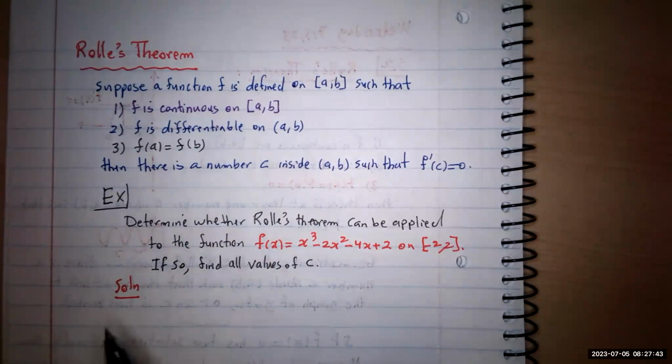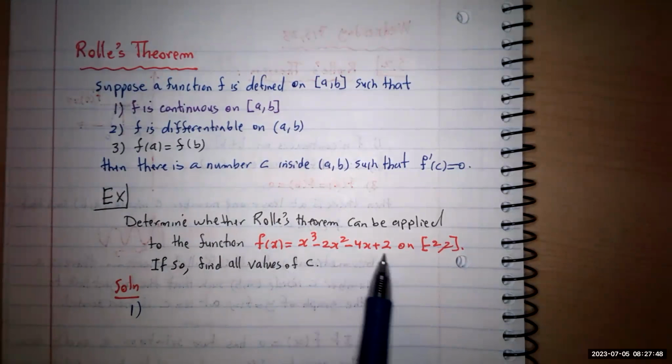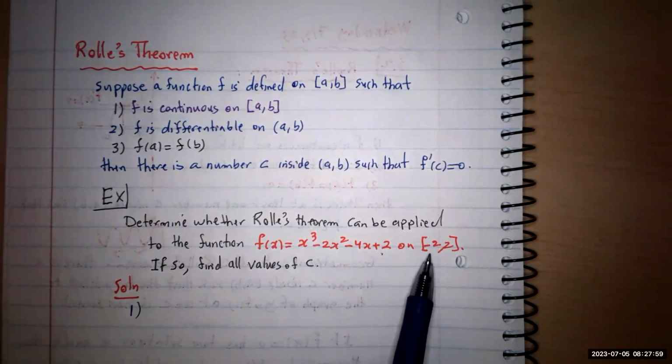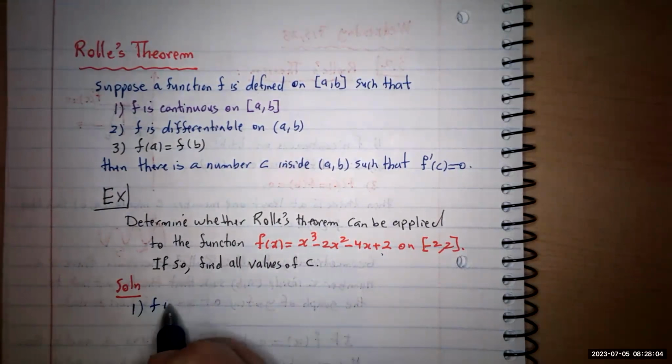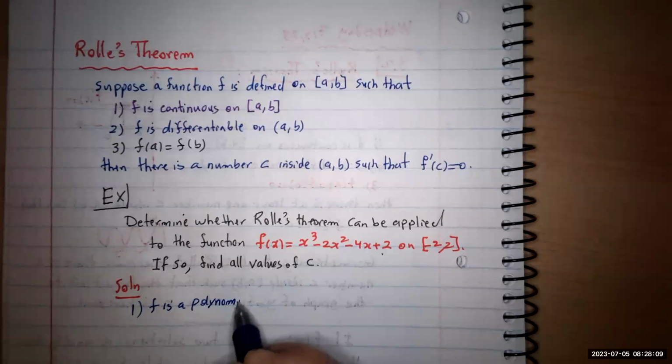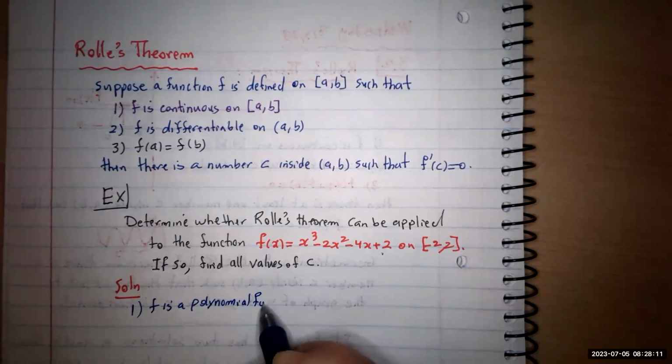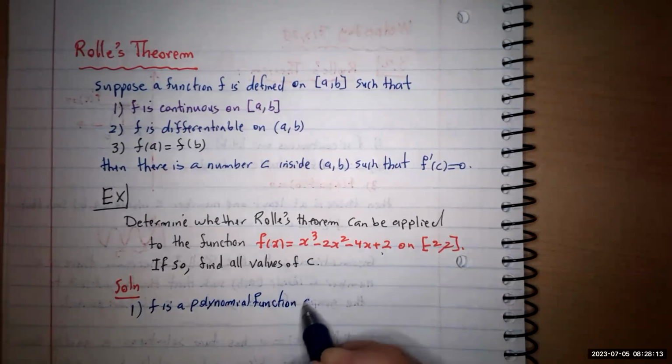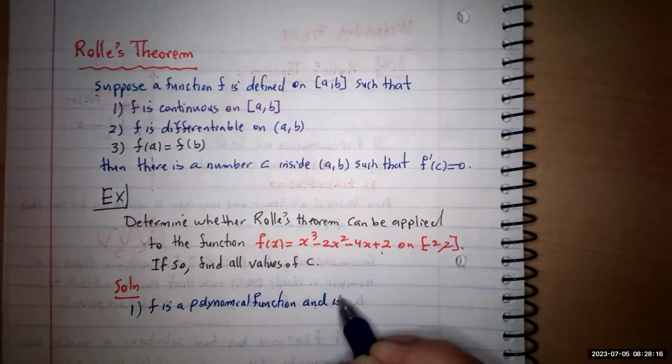Condition 1, continuity. What type of function is this one? Polynomial. And you know that polynomials are continuous forever. But you want it to be continuous on this interval. Done. So you explain that f is a polynomial function, and it's continuous everywhere.